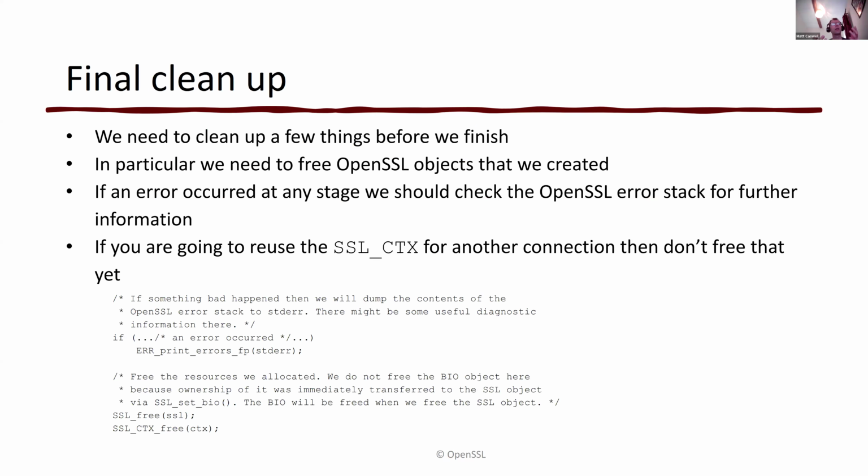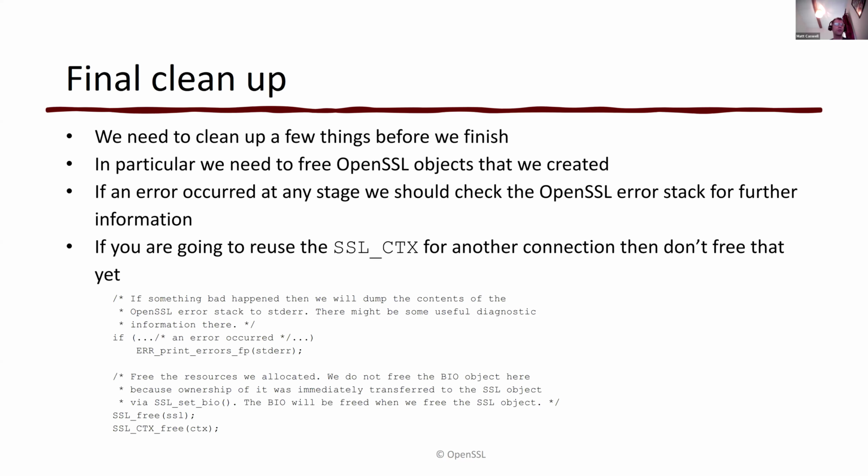Okay, and then the final cleanup steps here. We need to free some of these SSL objects that we've been creating. And we might also want to print any errors that might have occurred. So if we hit any of those blocks which said bail out here, then we might want to examine the OpenSSL error stack and see if we can get some further information about what happened.